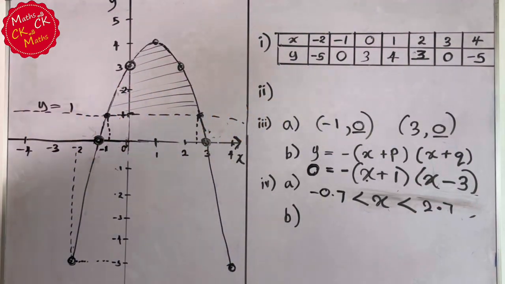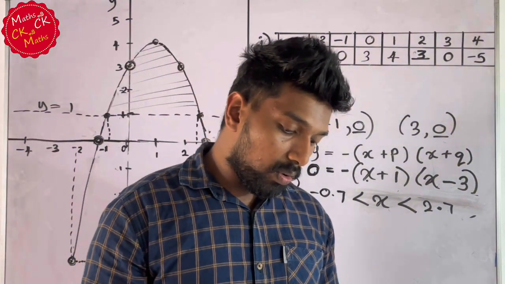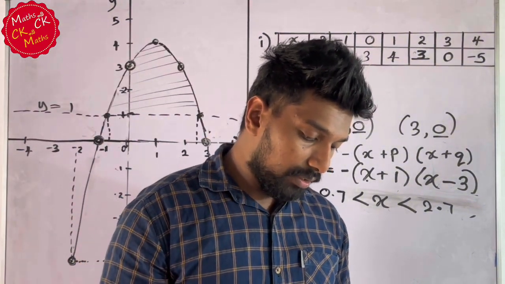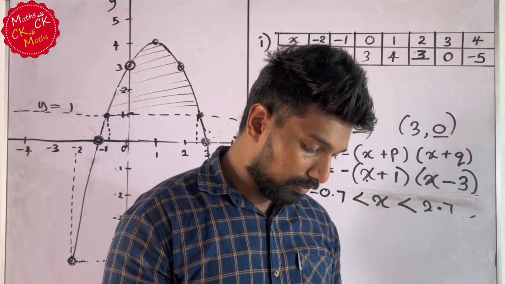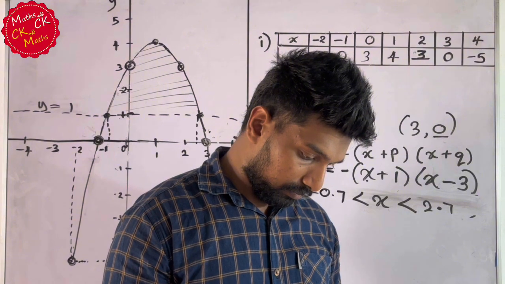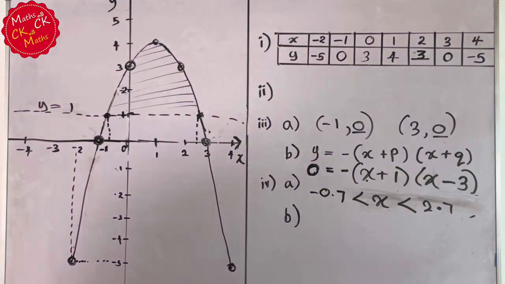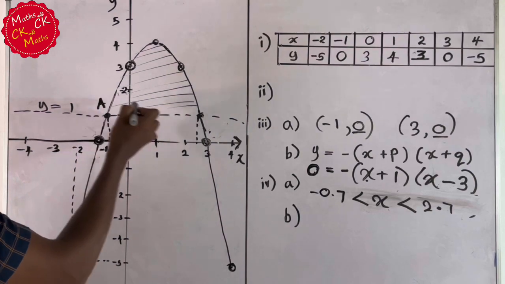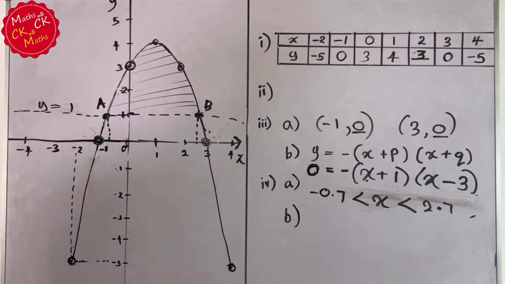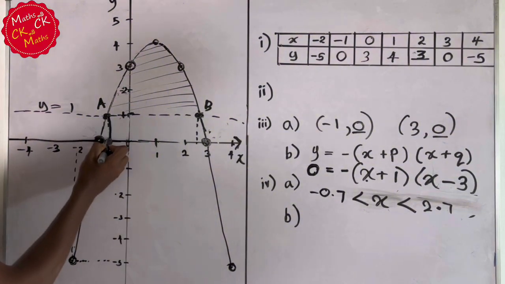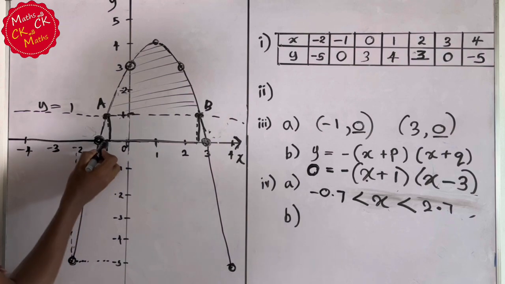And the last part of the question: obtain the length of AB to the nearest first decimal place. First of all, we need to name these intersection points A and B. From here to here, you can find the length from the x-axis.